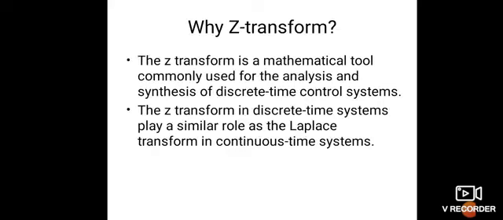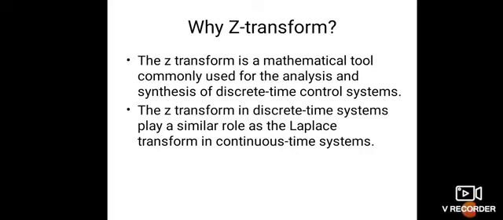But in that case, the Z transform plays the same role in the analysis of discrete time signals and linear time invariant systems as the Laplace transformation plays in the analysis of continuous time signals and linear time invariant systems. This means that the Z transform is the discrete time counterpart of the Laplace transformation. So why do we need the Z transformation?